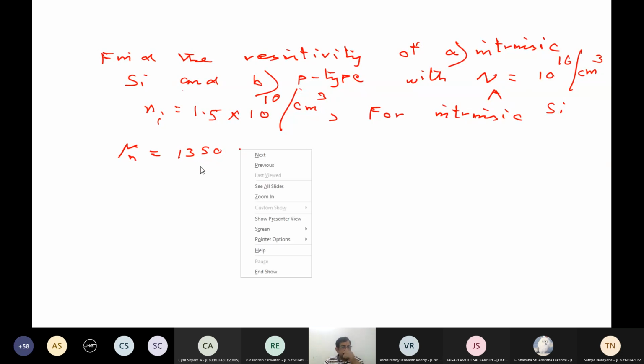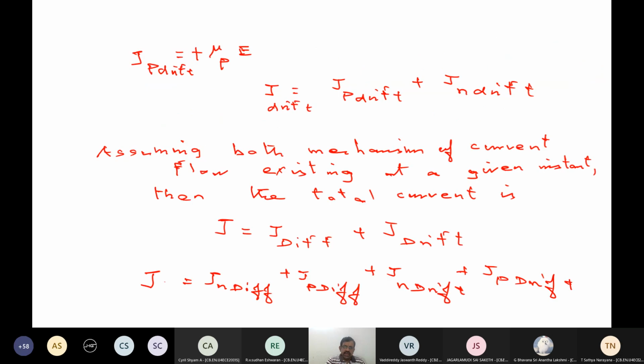What will be the unit here? Because J is given as ampere per centimeter square, you can see the velocity V equal to mu E.